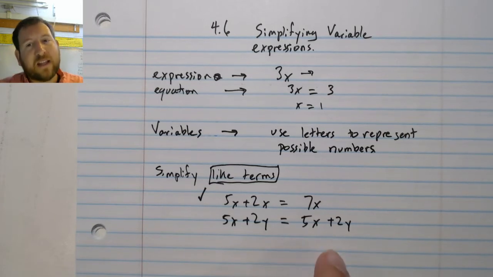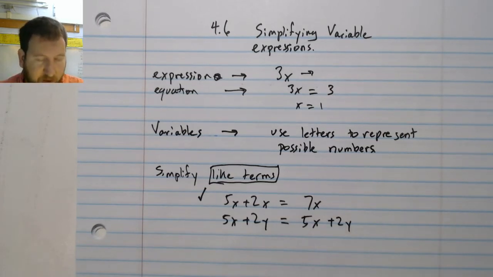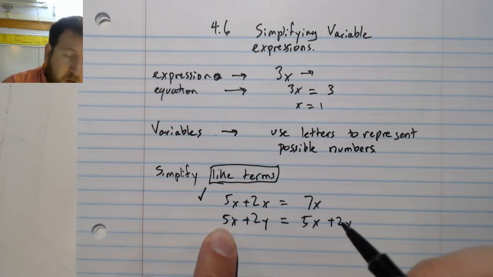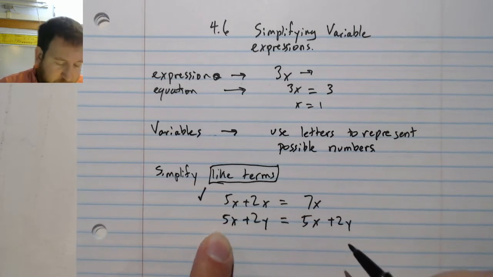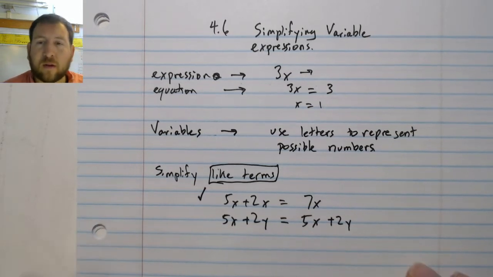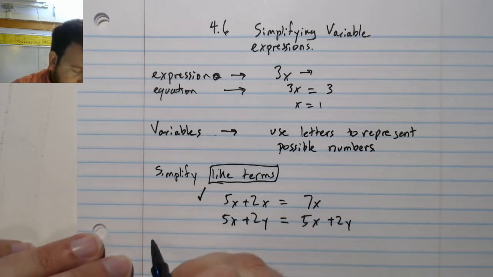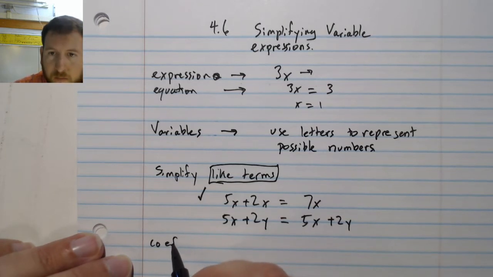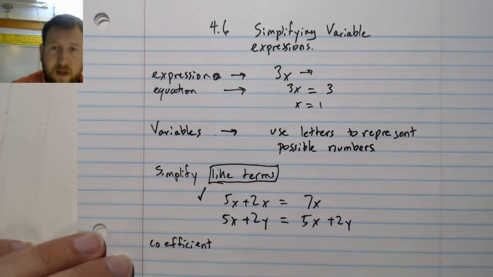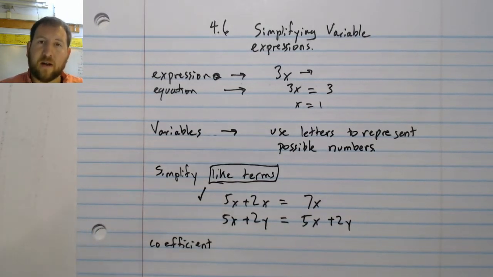So we're going to see a lot of that in the problems on this, and making sure that we add things together that are like terms and that are similar. So when we are adding like terms, one of the key things we have to look for is the coefficient. I want to spell this right. And the coefficient part of a variable expression is the number in front.